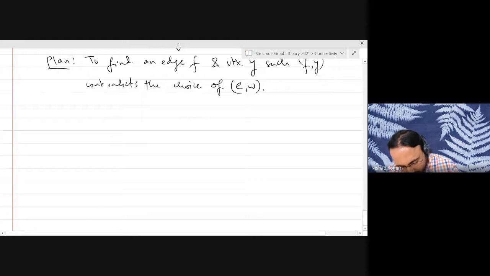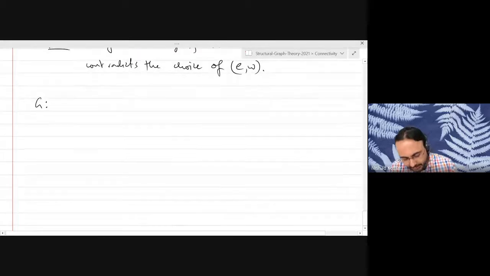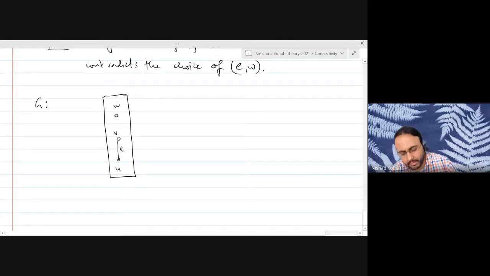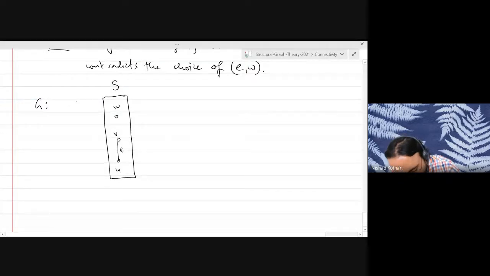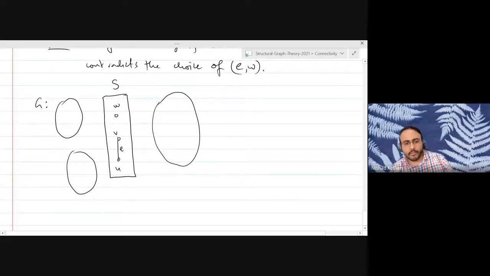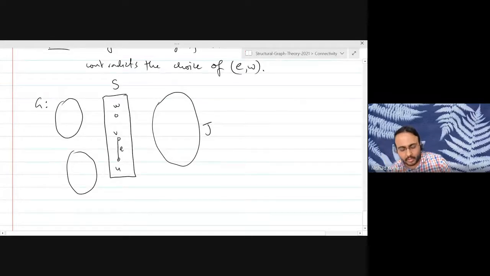Now let's think about this. Let's look at the graph G with respect to the edge E. There is a 3 vertex cut, which is the vertex W along with the ends of the edge E, U and V. So we have U, V, W. Let us call this set S. And we have some components after deleting the set S. Think about this component as your component J, which is the biggest component among these 3 components.